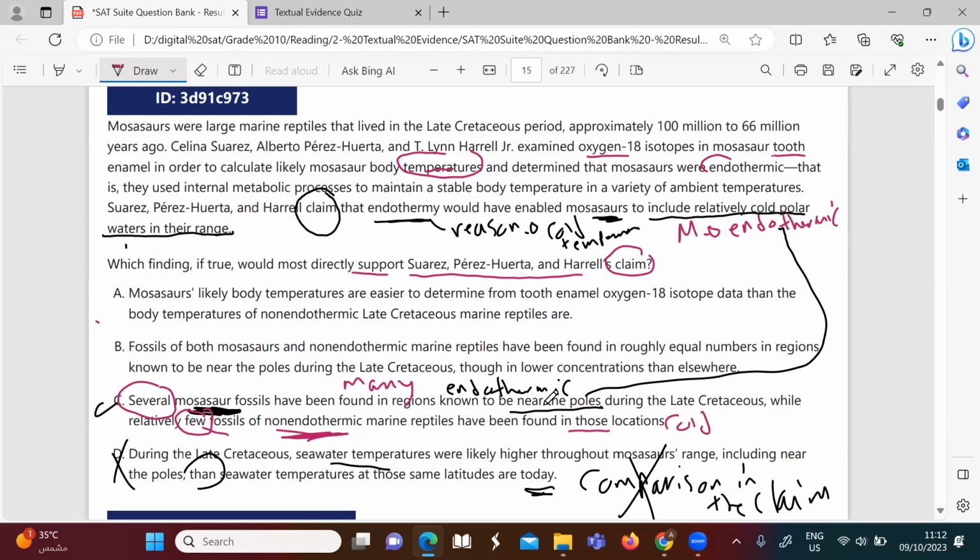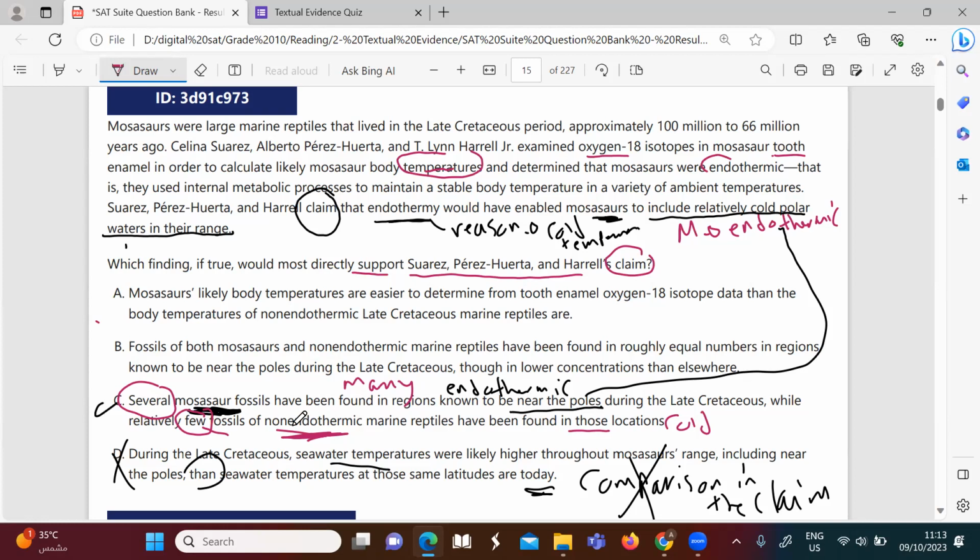Why were there few in these cold regions? Because they were non-endothermic, they couldn't tolerate the cold. When there are few non-endothermic, there are several endothermic. So endothermic is the reason how they were able to live in those cold places.